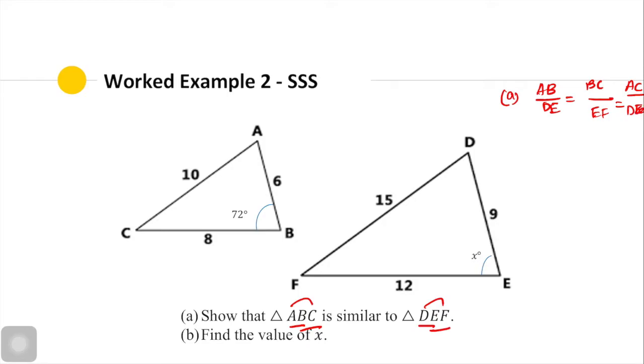Oh, sorry, DF. So let's check. This is what we want to check. We haven't confirmed that, that's what we want to check. So let's key in: AB over DE has a ratio of 6 over 9, which is 2/3.